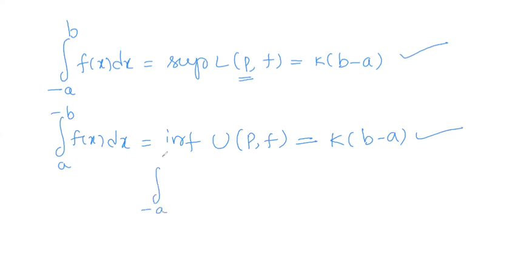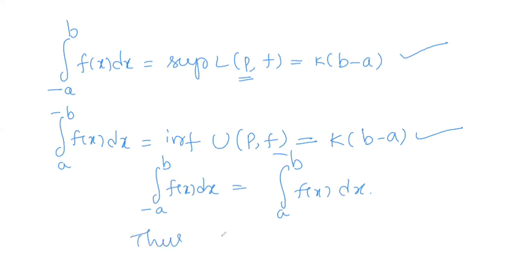And you can observe that the lower Riemann integral is equal to the upper Riemann integral. So thus, that's what I can say. The constant function which you have considered is Riemann integrable. So from this example, what we can see is a constant function is always Riemann integrable, right?